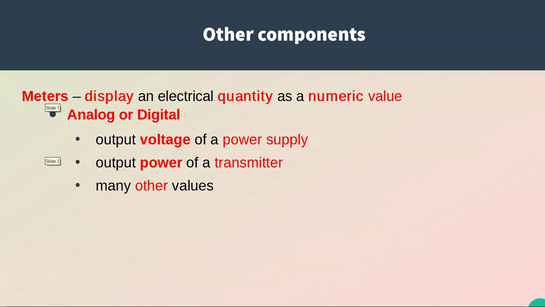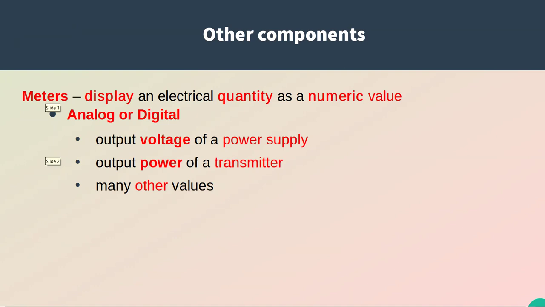Okay, meters are some of the other components, and they're used to display some quantity, normally as a numeric value. In some cases, it might be an analog or a digital representation. Typically, you'll see it to show the output voltage on a power supply, or on a transmitter, it may be showing grid current or output power.